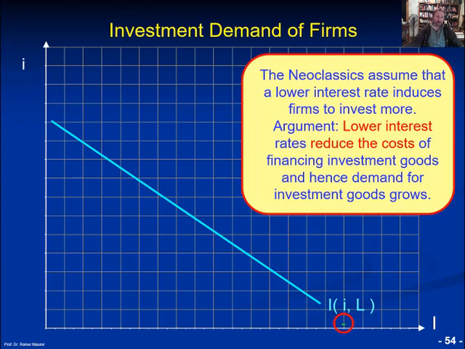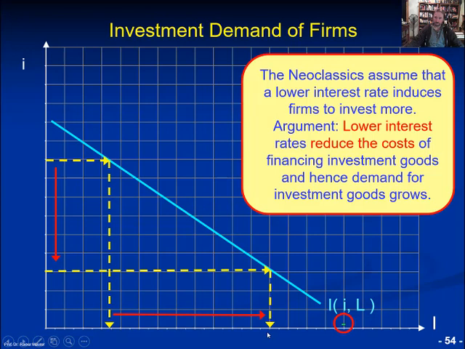This means that if the interest rate is relatively high, like this one, investment credit demand is relatively low on this level, for example. And if the interest rate falls now from this level to this level, then investment credit demand grows from this level to this level.